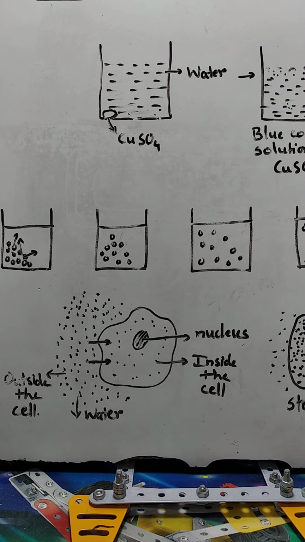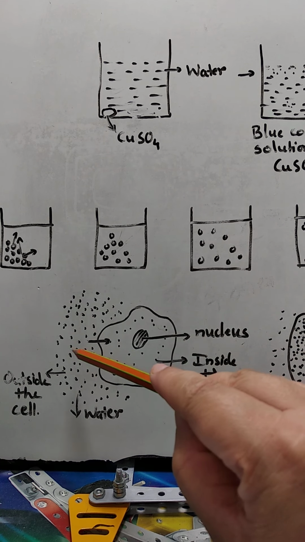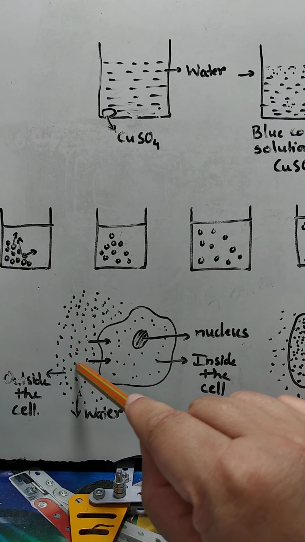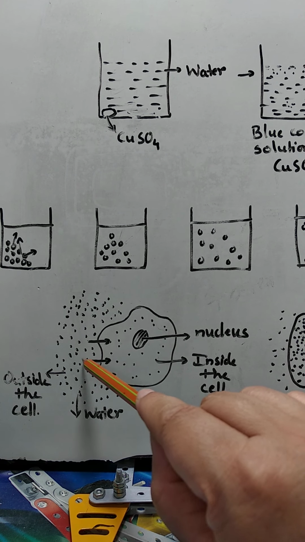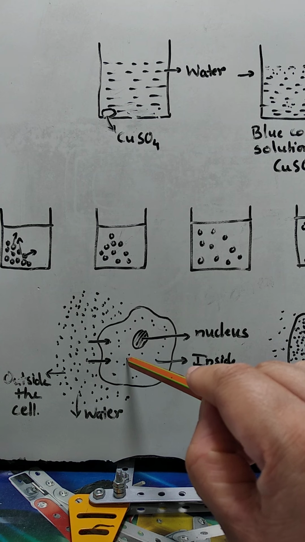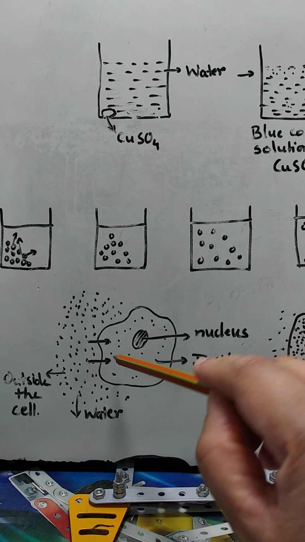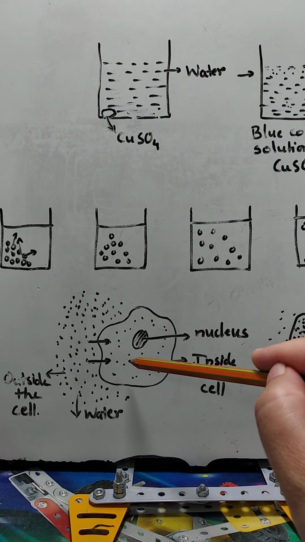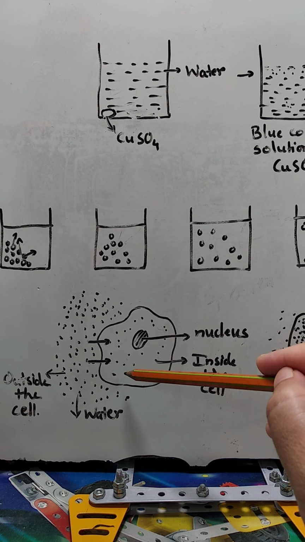So what will happen? To attain equilibrium, to make water particles the same on both sides, inside and outside the cell, there will be a net movement of water particles from outside to inside of the cell, right? So what is this process called? This is called diffusion, right?